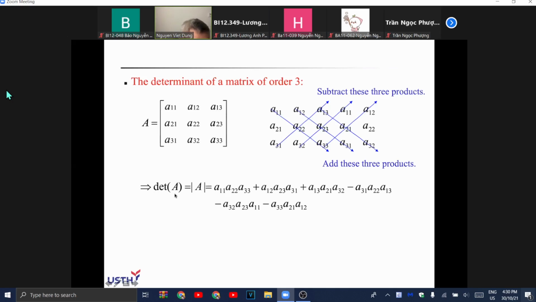The determinant of A will be here. We add the 3 products here, and we subtract the 3 products here, and we get that. That is a very practical and very easy to remember way to find the determinant of a matrix of order 3.